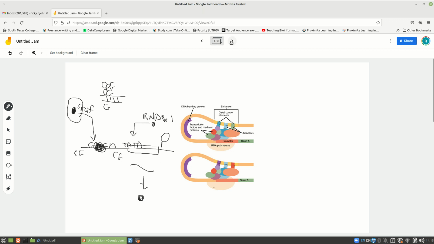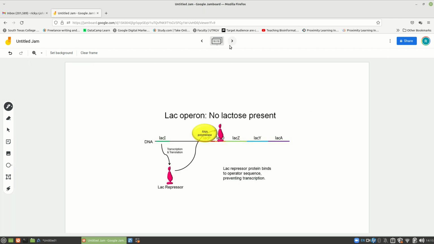Now, there is one other thing that we need to talk about, and that is for another video, but realize that prokaryotes do this as well. They also regulate their genes, but they regulate their genes in groups.